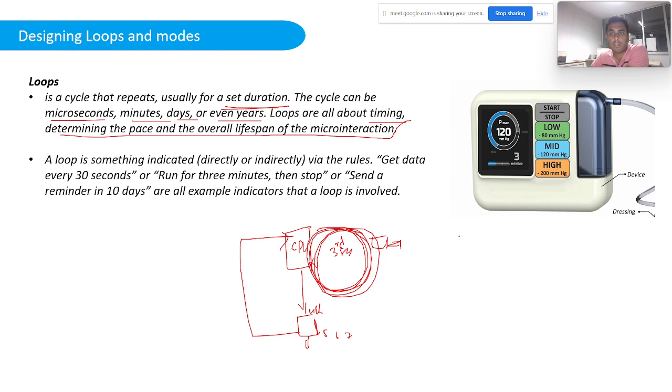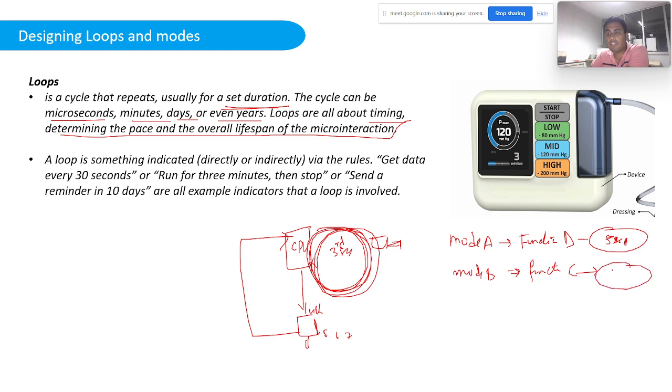Similarly, when you have multiple modes, for example, if you have mode A, probably a particular function, mode B, probably function C, this is function D. Now function D probably needs 5 seconds to operate.